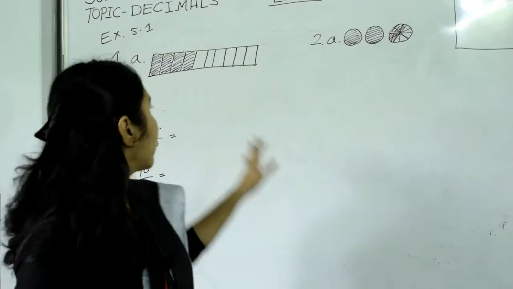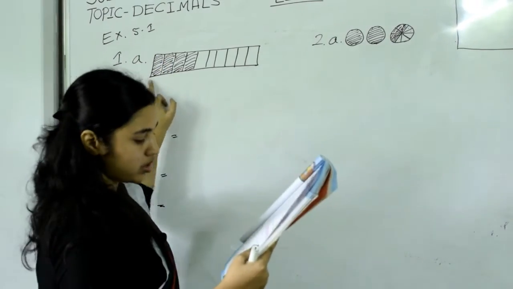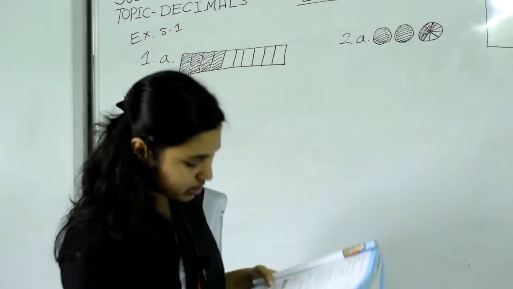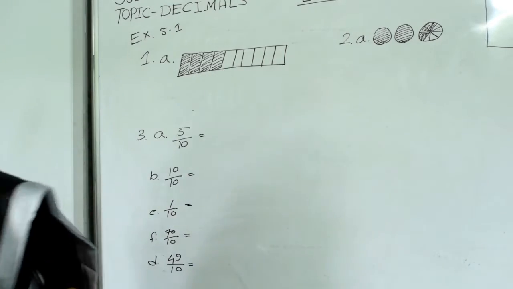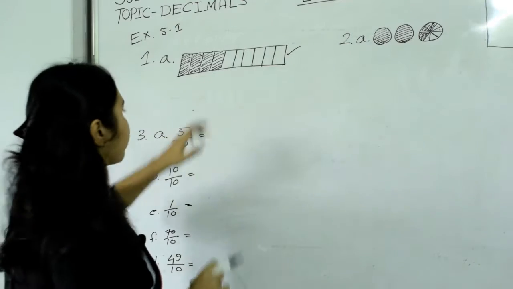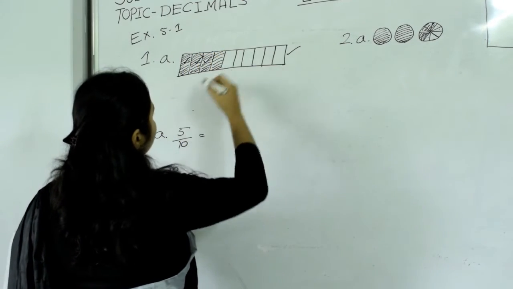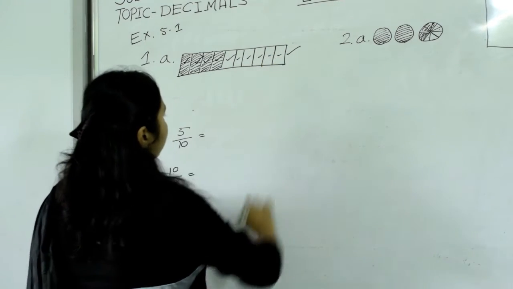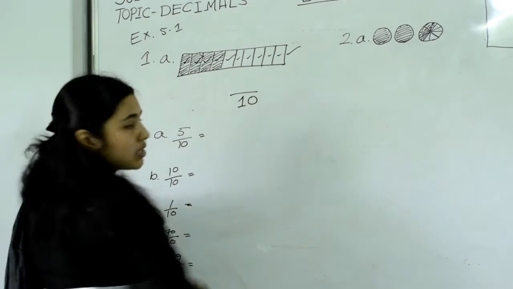Okay? So here in your exercise 5.1, first question number A, write the shaded parts as fractions and as decimals for each of the following. Okay, so here total number 1, 2, 3, 4, 5, 6, 7, 8, 9, 10. So write in denominator 10.